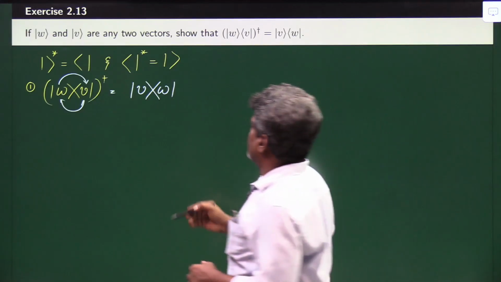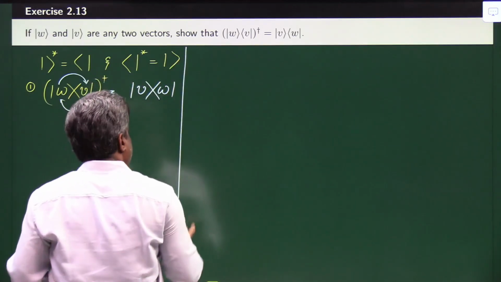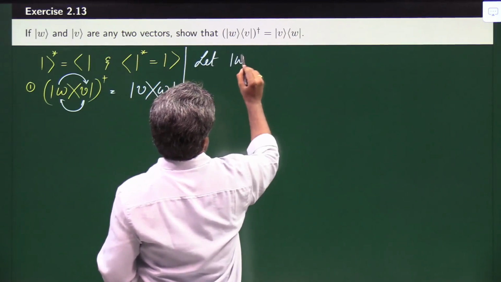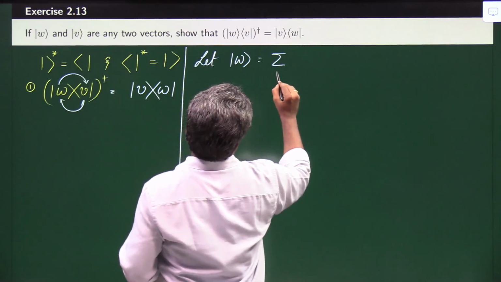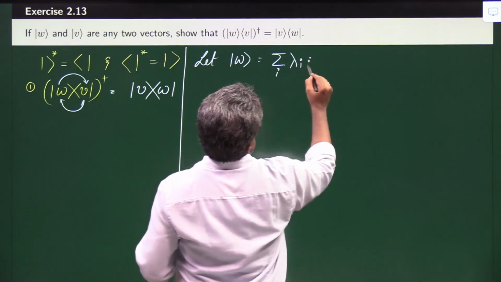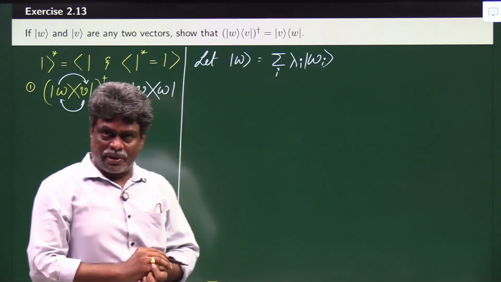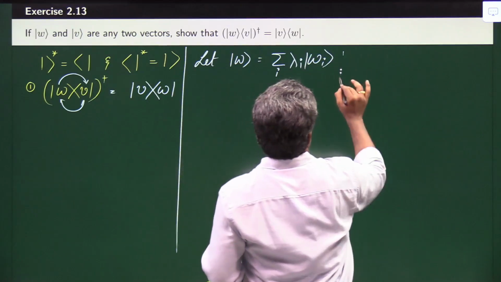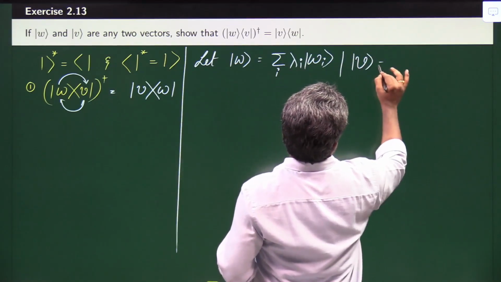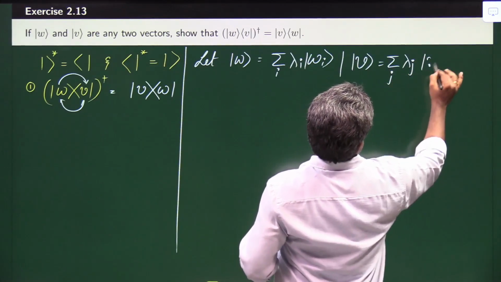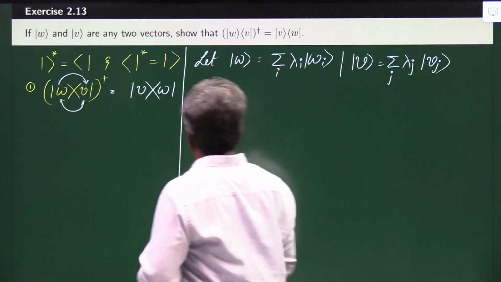More generally, first define that ket W is a linear combination of basis states, summation over I, lambda I Wi, where these are the bases and this is the linear combination. Similarly, let us define the summation over J, lambda J Vj.